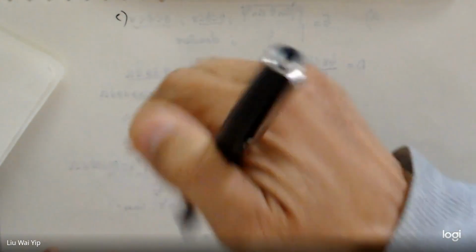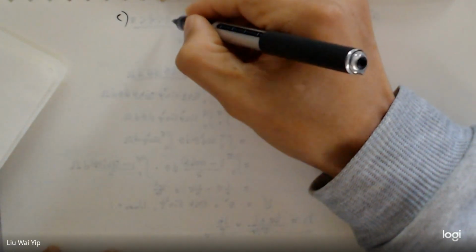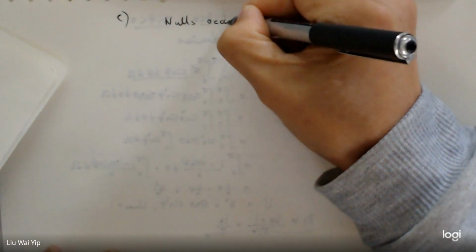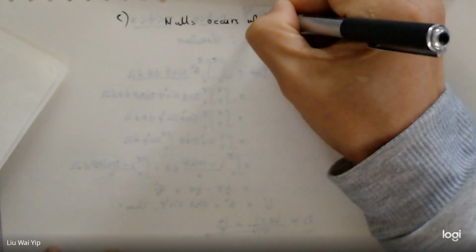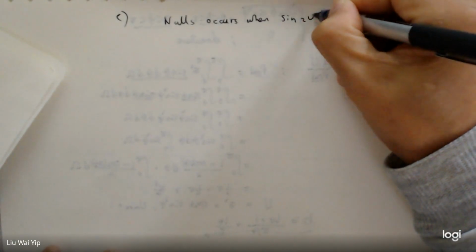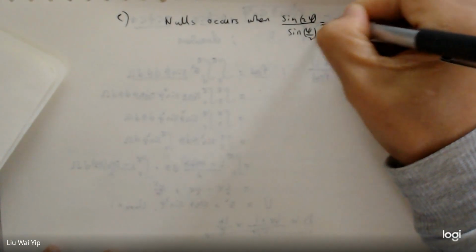And the nulls, of course, occur where sine of N psi over 2 is equal to 0.